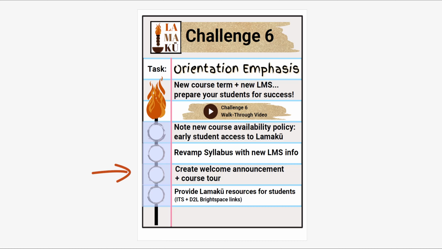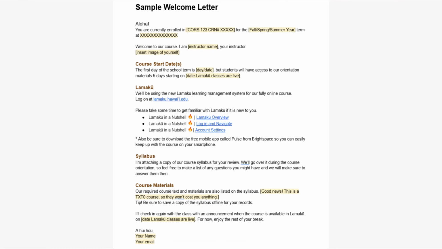Now, when it's time to actually access your course, posting both a welcome announcement and providing a course tour are two great ways to launch a course, and especially in this case, launch a new learning management system. It's actually best practice to send out the welcome letter several weeks in advance just to remind students that the new term is going to be starting soon.